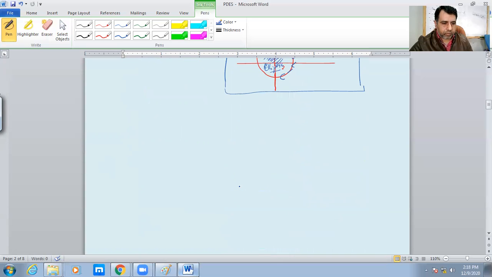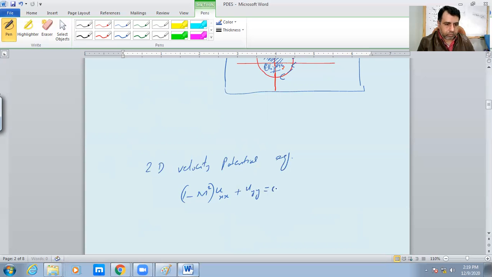Let me solve one final problem. There is a very important equation, the 2D velocity potential equation. That is (1 minus m square) times the second order derivative of u with respect to x, plus uyy, equals 0.